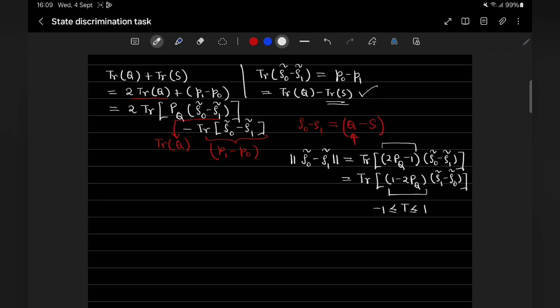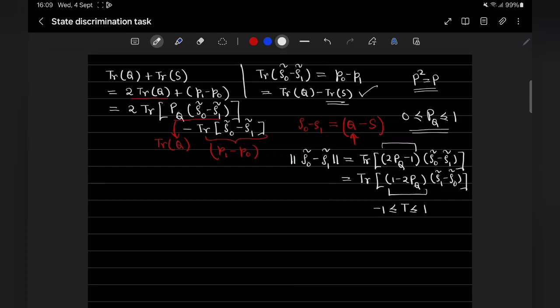And why is this? This is because the projector is always positive semi-definite. So pq is always between 0 and 1, because p square is equal to p and the eigenvalues are 0 or 1. So this holds, and this in turn means that 2 times projector minus 1 is between minus 1 and 1.